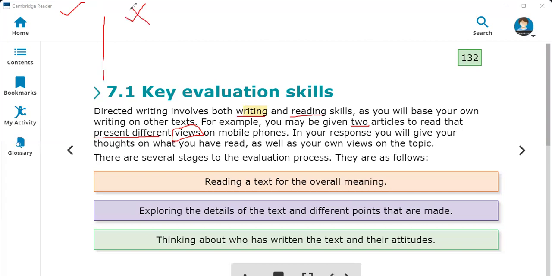So now you have two grids. The first grid you made is based on your own ideas. And this is another column which you are making on the ideas given in the text. So, text-based ideas. Now suppose you have 5, 6 or 7 points, though the text may not contain this many points, some in favor of mobiles and some going against them.